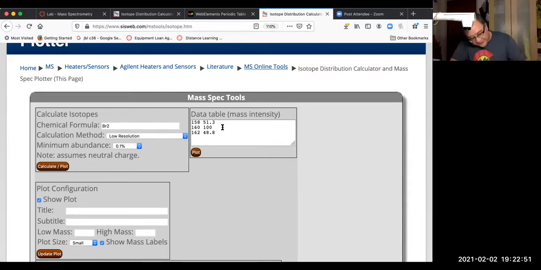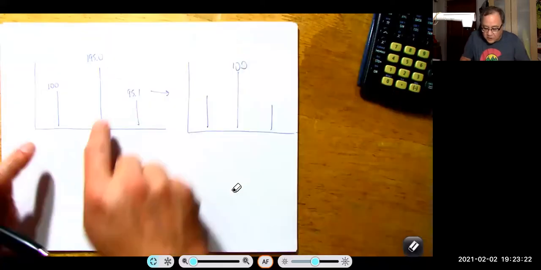So we have this 195.0, 100, and 95.1. We want to turn this so that the middle peak says 100 and these other peaks are relative to that. So to turn this guy into 100, here's what I'm going to do. Oh, you can't see what I'm doing, can you? So this is what we have. We want to turn it into this.